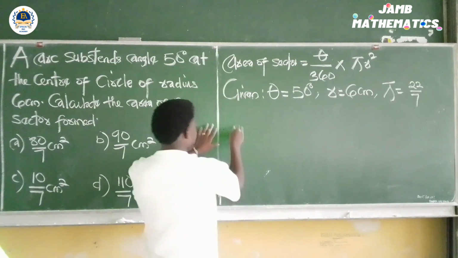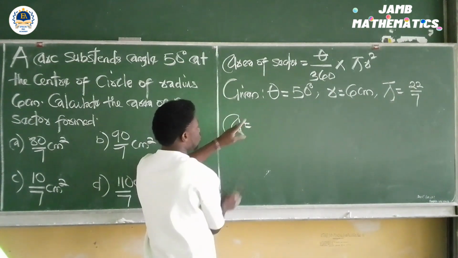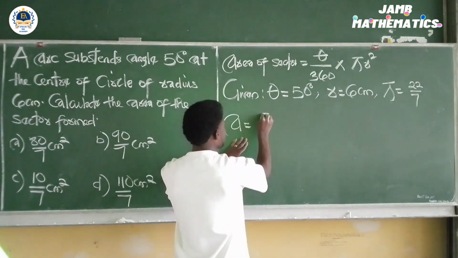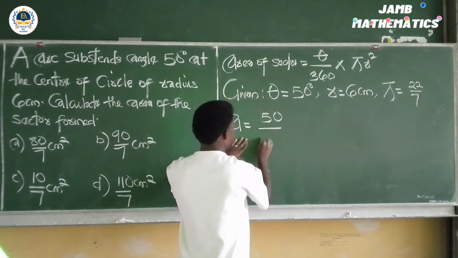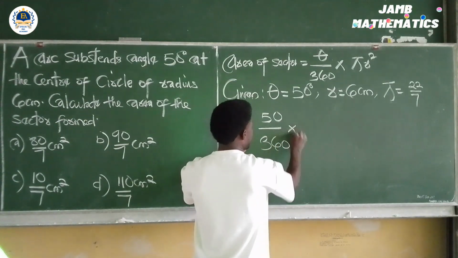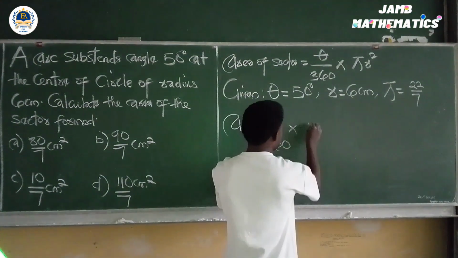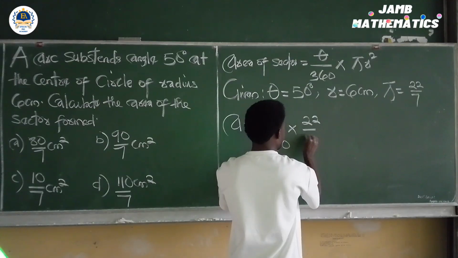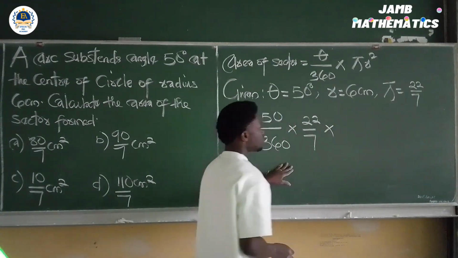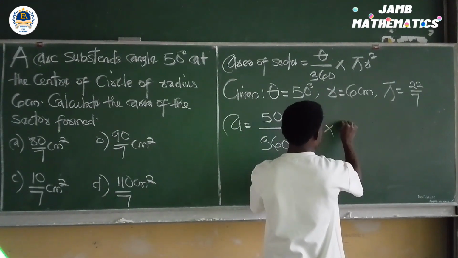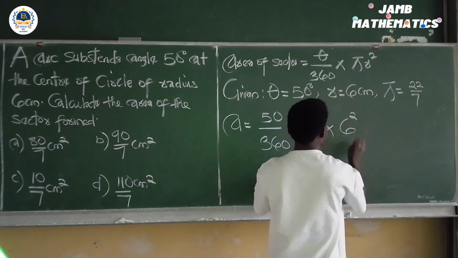We have area of a sector is equal to theta is 50 over 360 times pi is 22/7 times radius is 6 square.